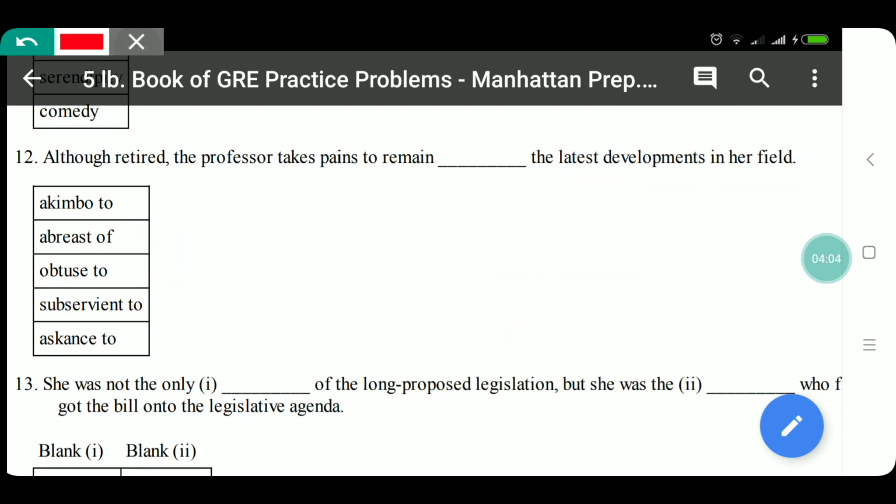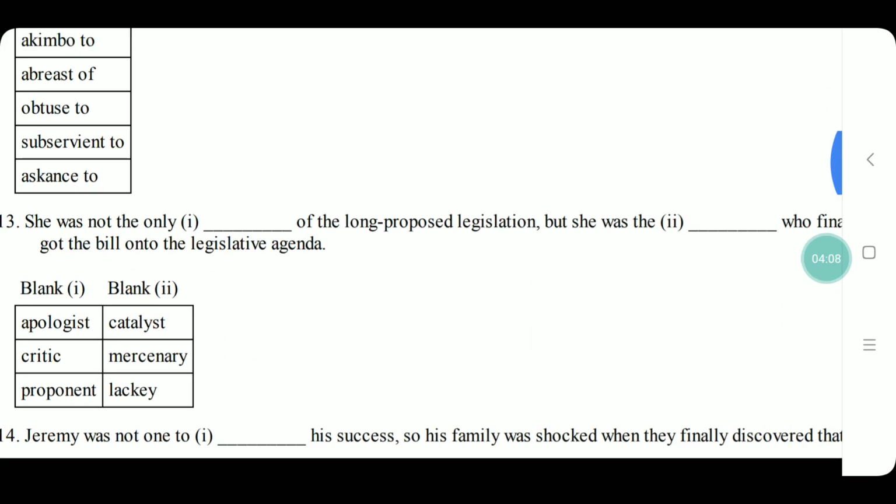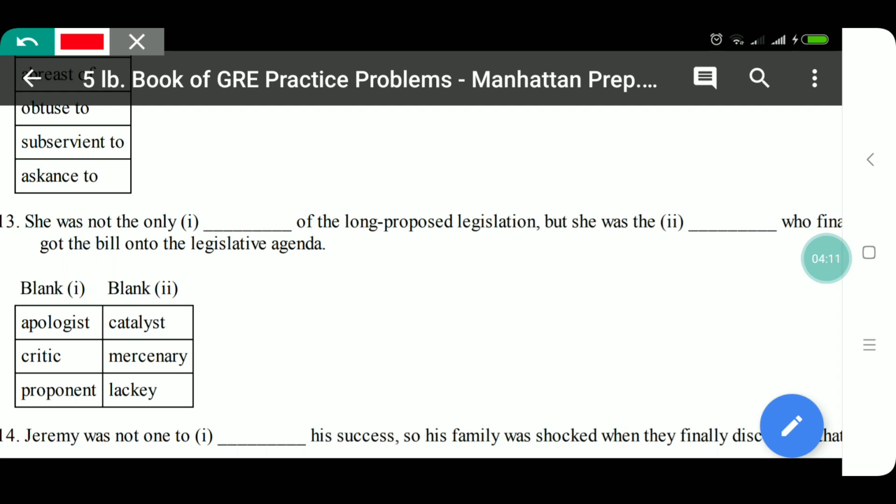So let's move on to the next question, which is: she was not only dash of the long proposed legislation, but. Now, 'not only... but' is a combination of words which is very crucial in finding the gist of the sentence.